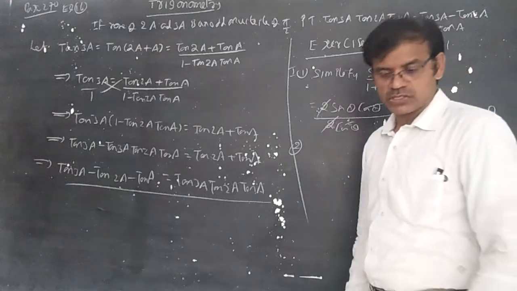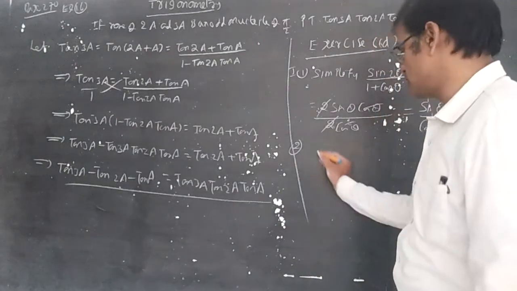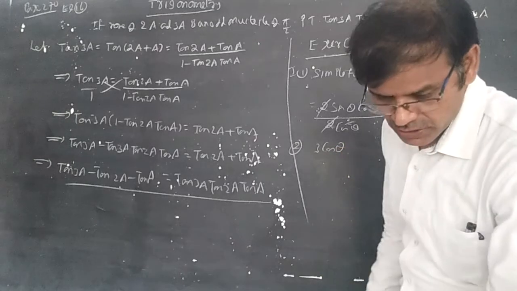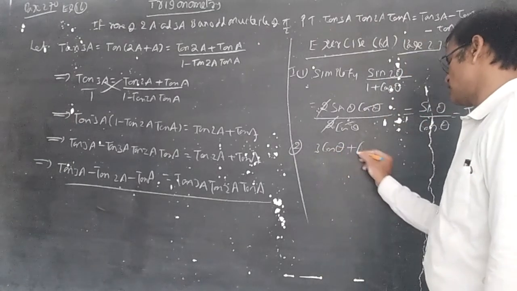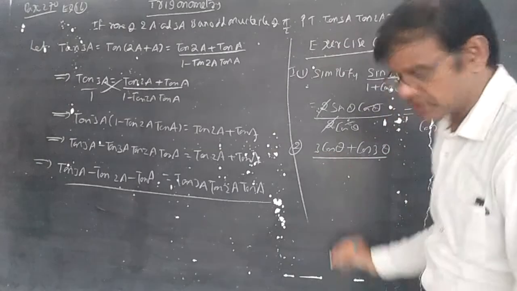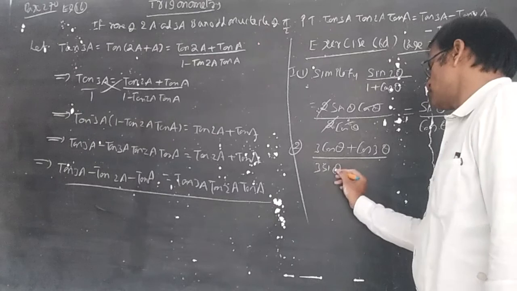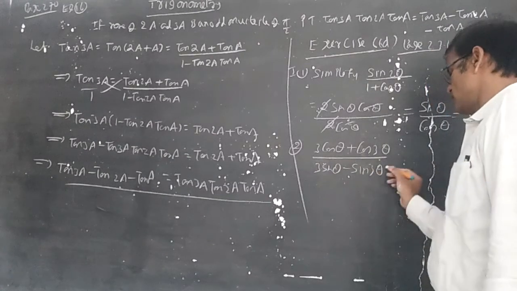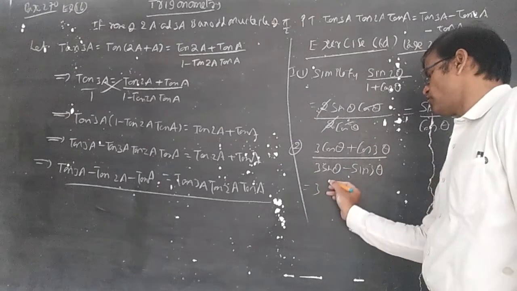Second one, the last question: this is also asking for simplification, 3 cos theta plus cos 3 theta whole by 3 sin theta minus sin 3 theta. Here you need to remember the 3a formula.